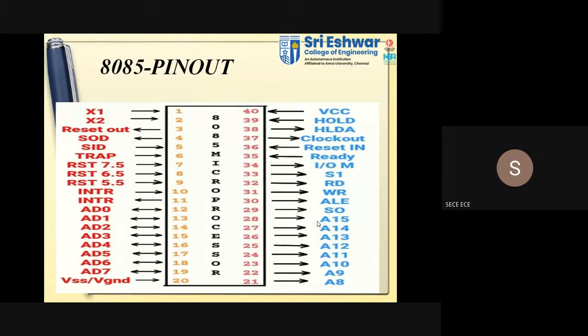I'll give you a hint: A means address. How many addresses are here in 8085?